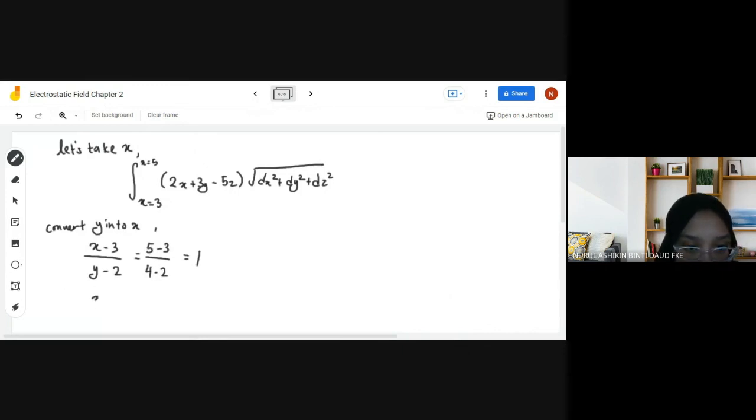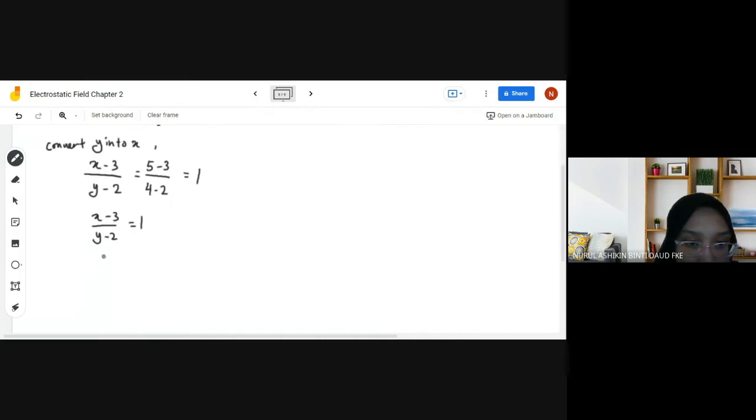We can rewrite this equation as x minus 3 over y minus 2 equals 1. So y equals x minus 3 plus 2, where y equals x minus 1. Now we have converted y into x.